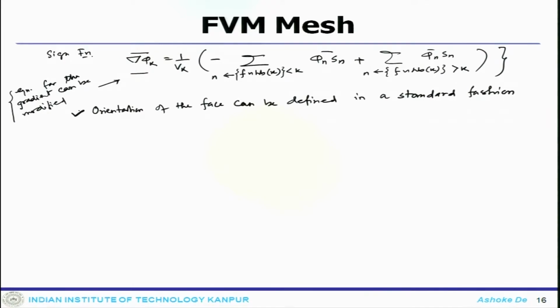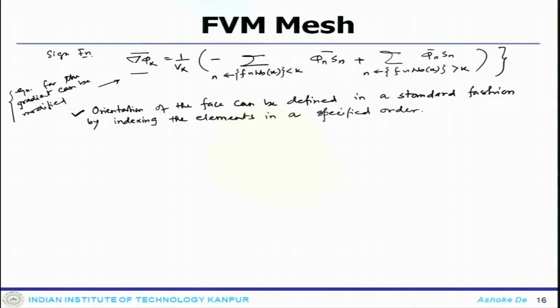The orientation of the face must be defined in a standard fashion by indexing the elements in a specified order. So, by doing that you can actually store the orientation of the face, and that can be stored by doing this.